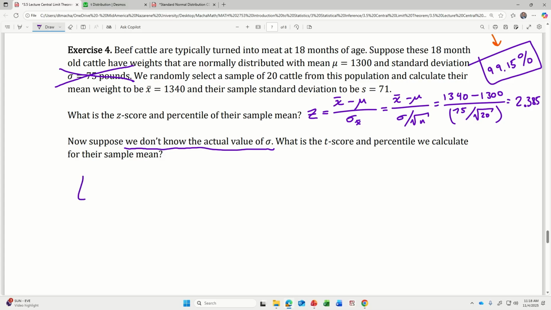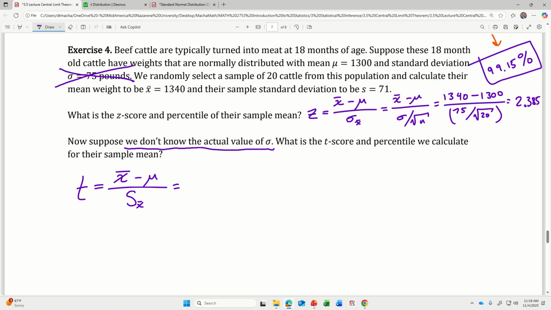What would we do instead? We would calculate a t-score, which is the sample mean minus the distribution mean divided by the standard error of the mean.